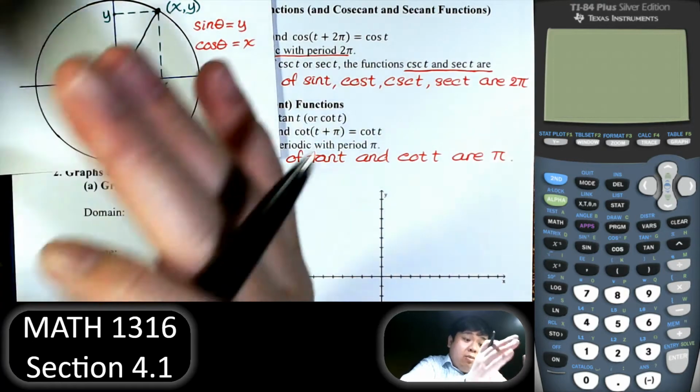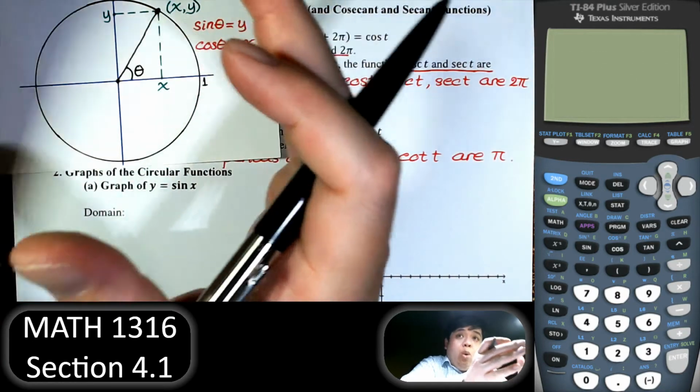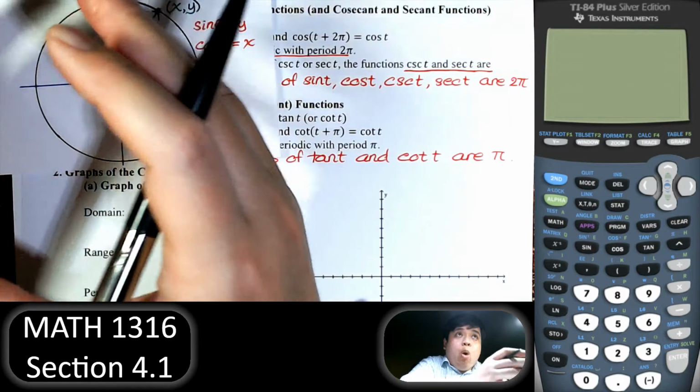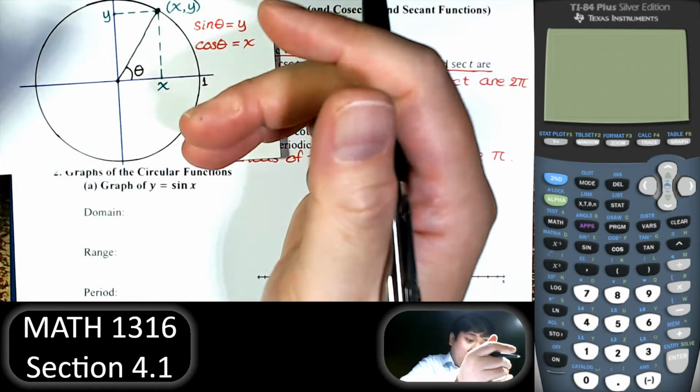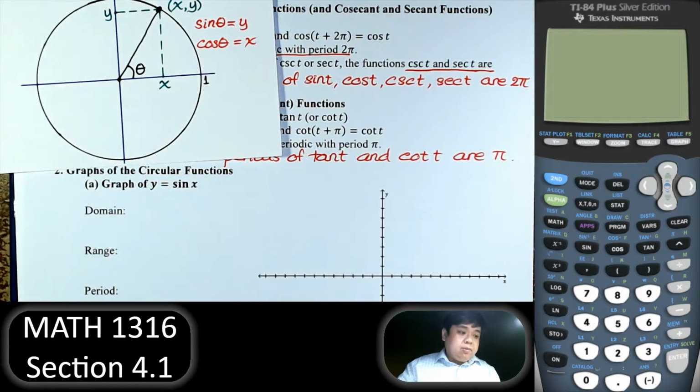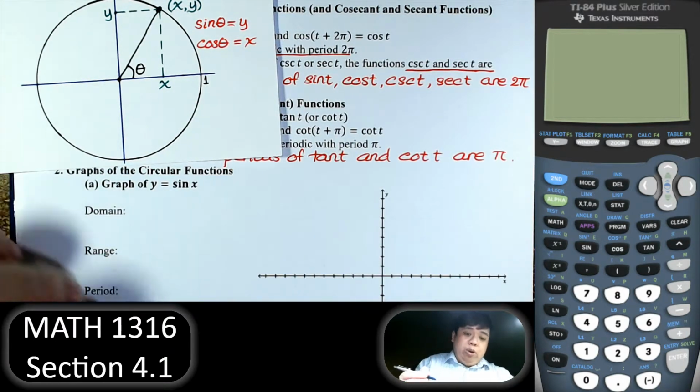Because of that, doesn't matter what the angle is, we always have the y values. Therefore, we always have the sine values regardless of whatever the angle is. So in this case, the domain, we will write all real numbers.